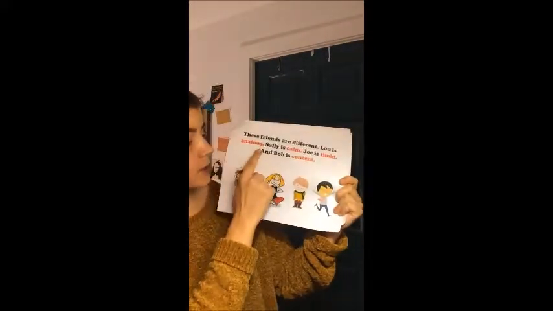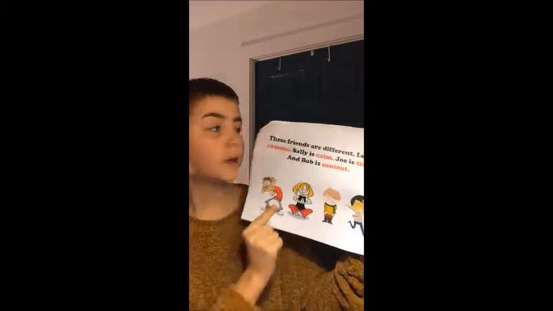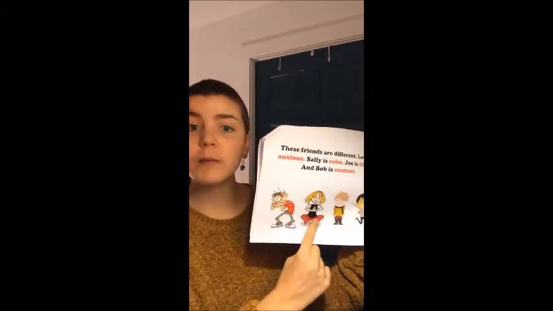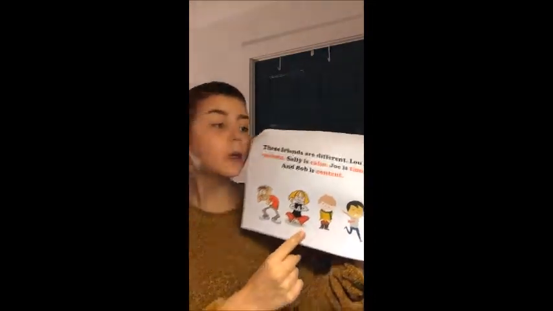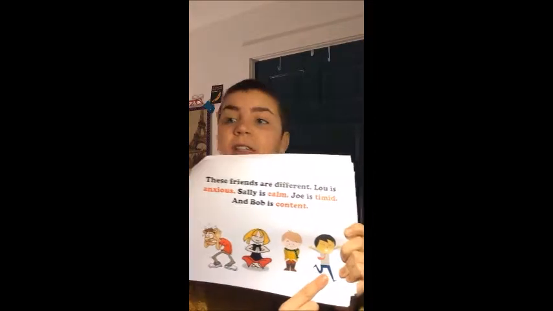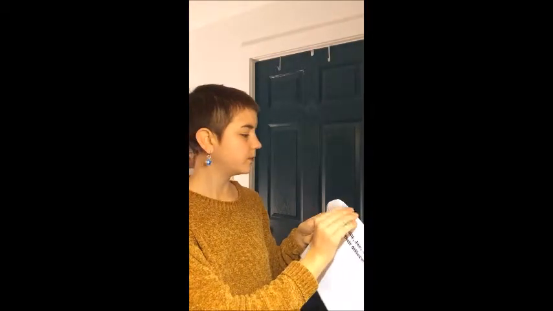Lou is anxious. Sally is calm. Joe is timid. And Bob is content. But Lou, Sally, Joe, and Bob celebrate their differences. And they are all friends.